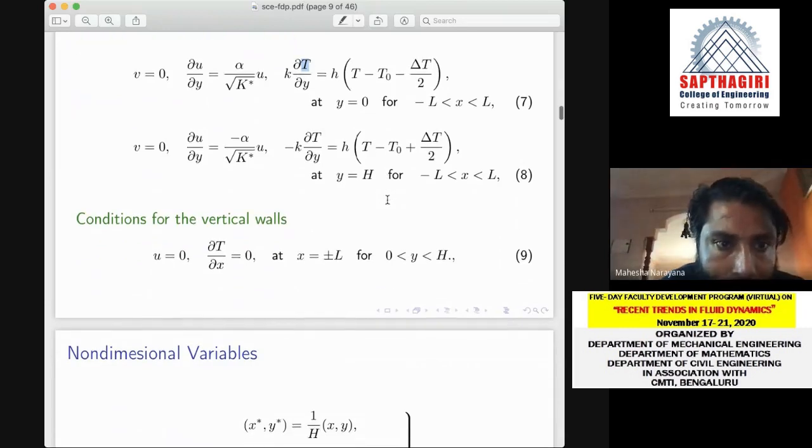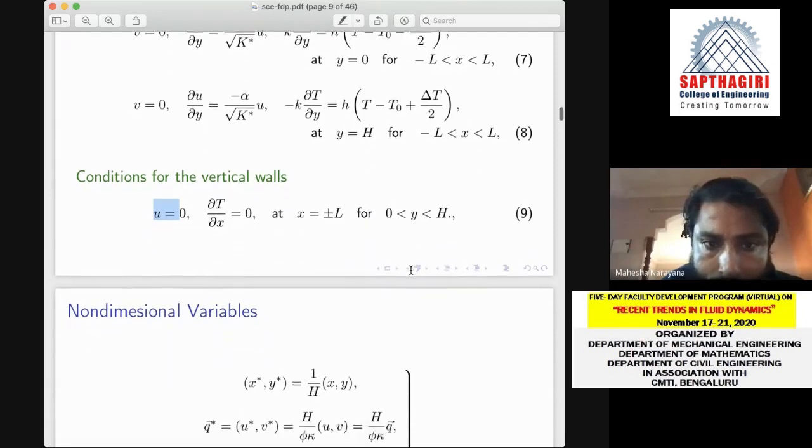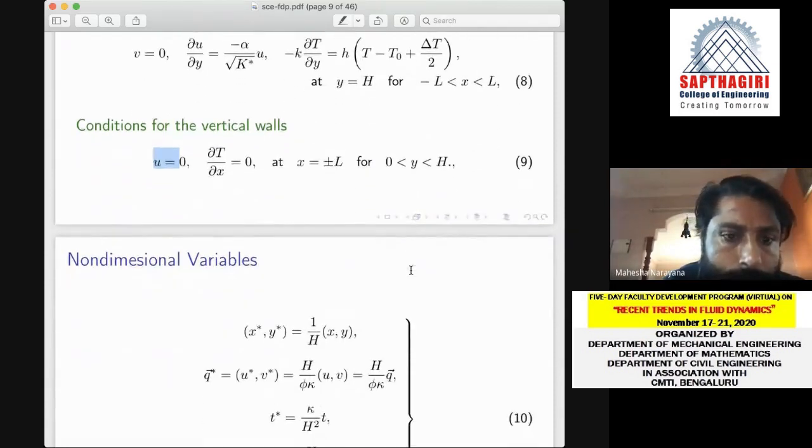The conditions at the lateral walls are U equal to 0 and dou T by dou X equal to 0. This is due to the adiabatic condition, that the side walls don't exchange heat with the surroundings, and they don't exchange fluid either. So that is for the side walls.